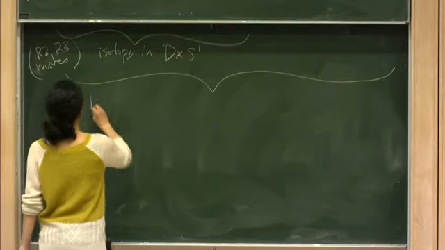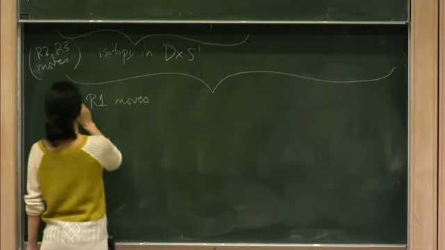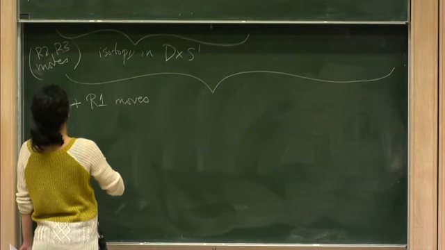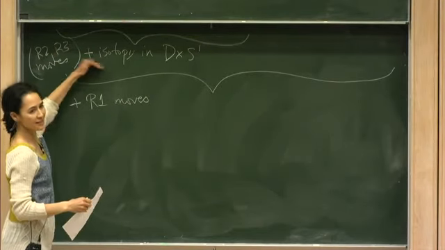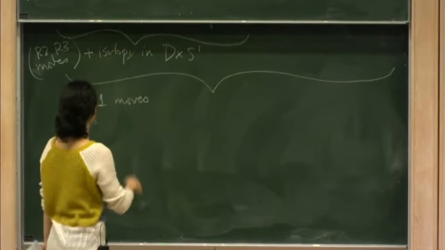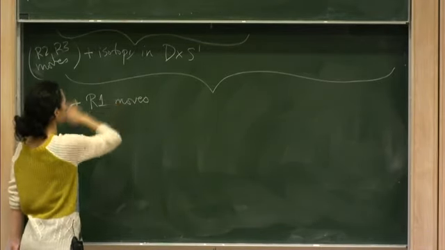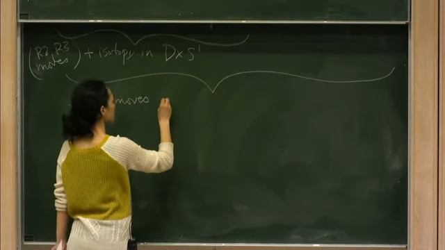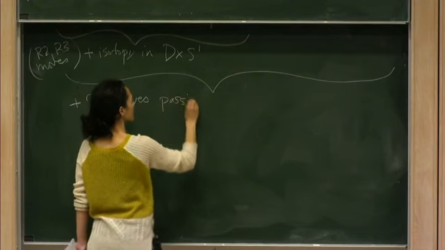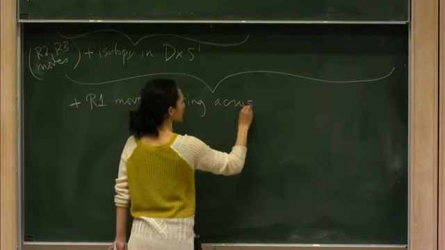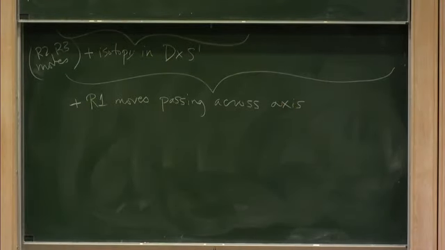So these are R1 moves. So this is plus. So I guess I should say everything that came before plus a little more, and then these three are everything that came before plus these R1 moves, passing across the braid axis.